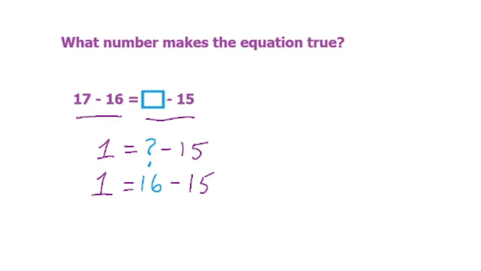So if you write this way, because it's easier for your eye to see it or to look at it and to understand it, 16 minus 15 equals 1 is exactly the same as 1 equals 16 minus 15. So don't let that confuse you or make you feel afraid, because it's just exactly the same thing.